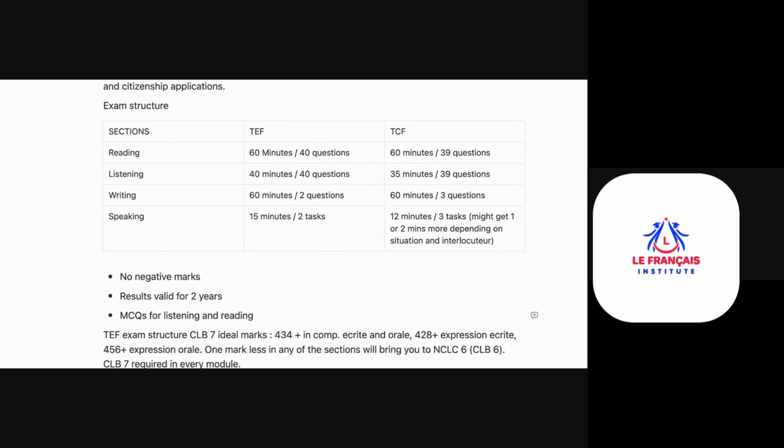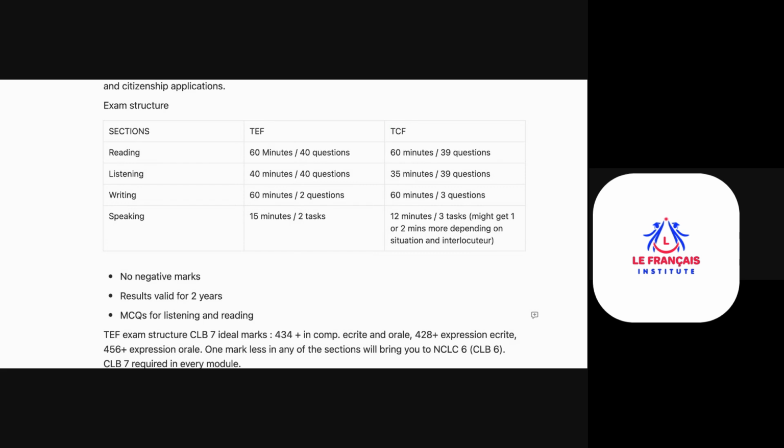There are 3 tasks for TCF, and there are 2 tasks for TEF. For TEF, there's no introduction. You start with a formal conversation first, where you ask questions regarding a document that you are shown. It could be a poster, an announcement, an ad.